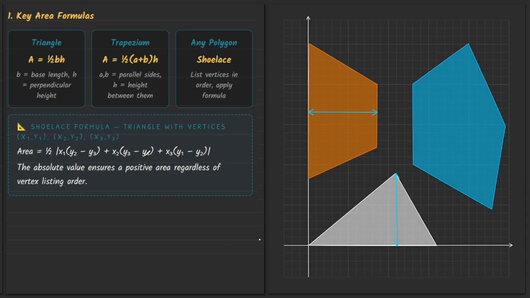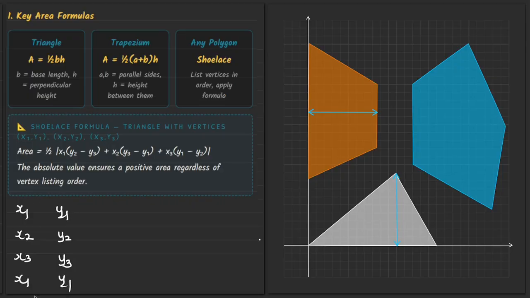To derive this formula, rather than memorizing, you can simply rewrite your coordinates. If there are 3 of them, we write x1, y1 here, then x2, y2, x3, y3, and then we come again to x1 and y1.